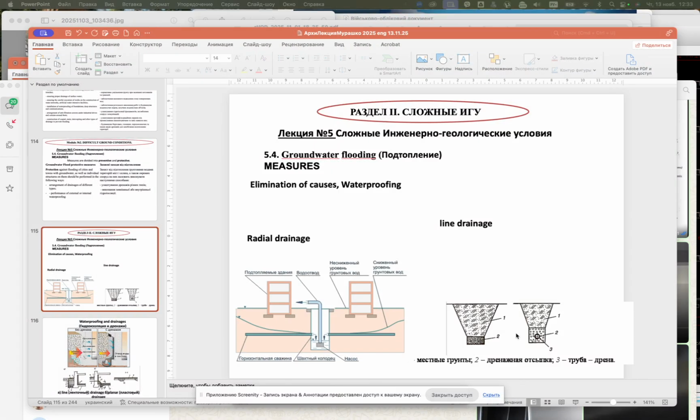rain sewerage. If you know, there are two types of sewerage in our city, underground pipes. So first is civil sewerage. It canalizes all the canalization from regular buildings, and another is rainfall sewerage, which is also located underground, and it collects only the water from rains.